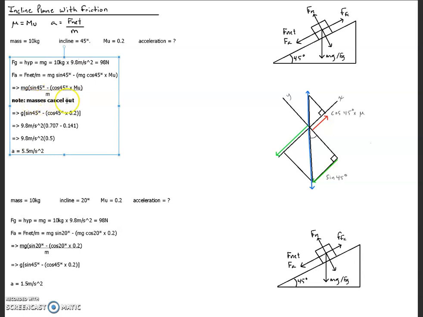And here's the note, the masses cancel out, m and m. So then we end up with g times the sine of 45 minus the cos of 45 times mu, where g is 9.8 meters per second squared. Minus these values, reduce it a little more, we end up with 5.5 meters per second squared.